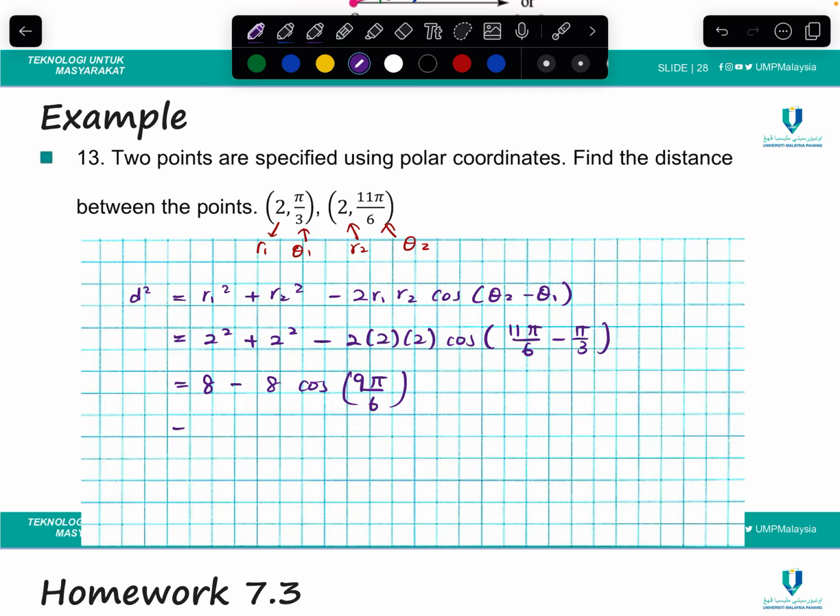And then it is equal to 8 because cos of this value equal to 0. You need to find D, not D square, so you have to put the square root. Your final answer is 2.8284. So that is the end of topic 7.3.